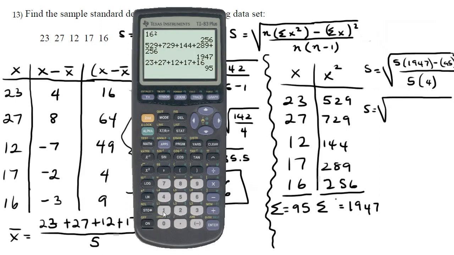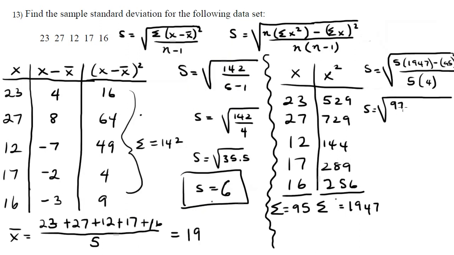Let's do 1947 times 5. 9735. Let's also do 95 squared in here. 9735 minus 9025, over 20.